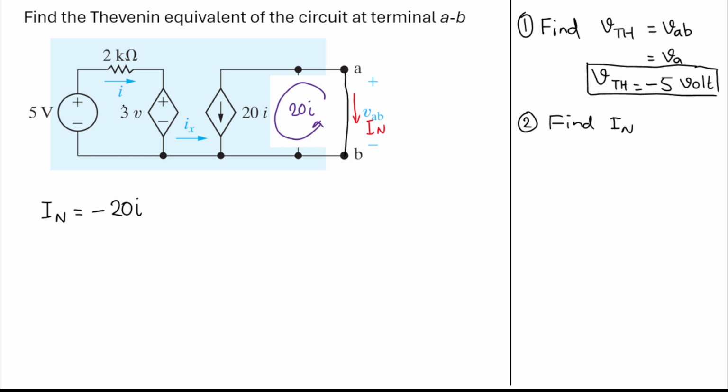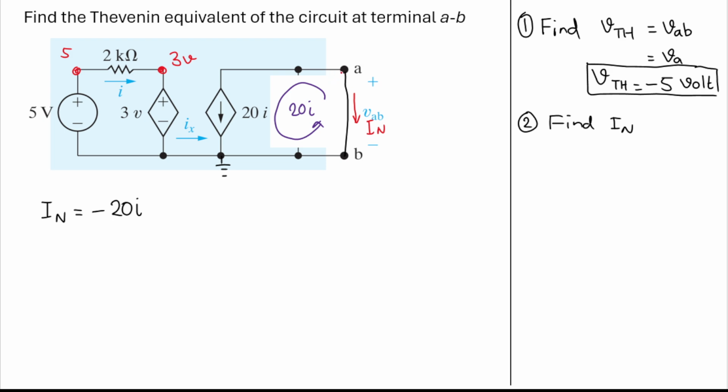But then we need to find out what is I. Let's set this as our ground and we can play the same game as before, because this is 5. And then this one here is, oh no, we don't need to find that. Or we need? Yeah, I think we need to find that. This is 3V here.